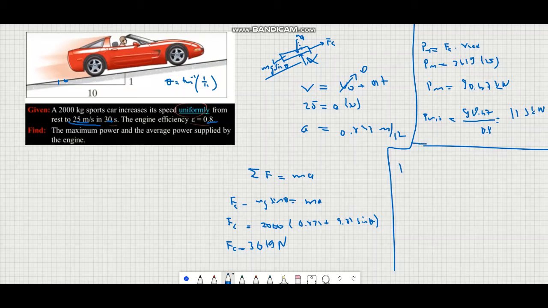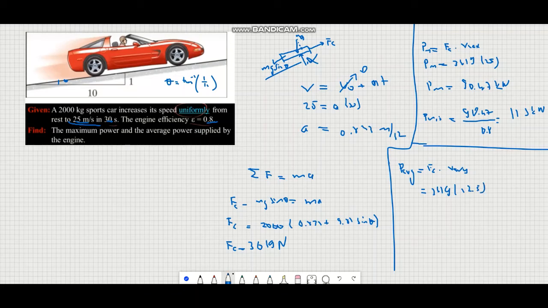When we look at the average power, it's gonna be again the force acting on this car by the engine multiplied by the V average, which is 3619 multiplied by the V average from 0 to 25, which is 12.5, right?